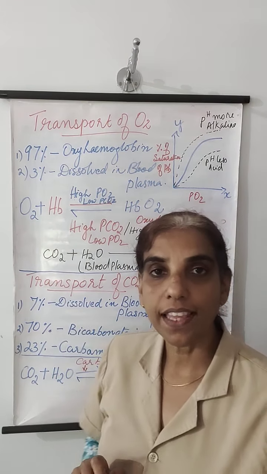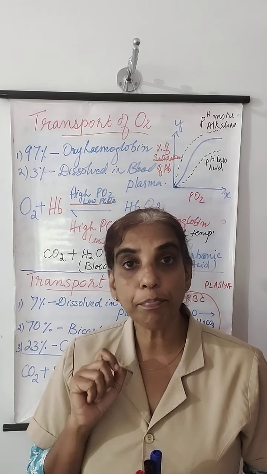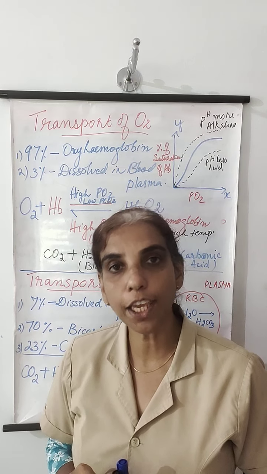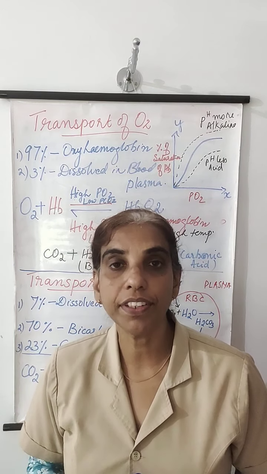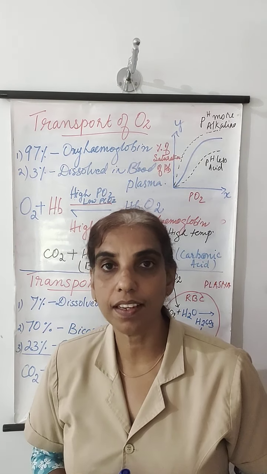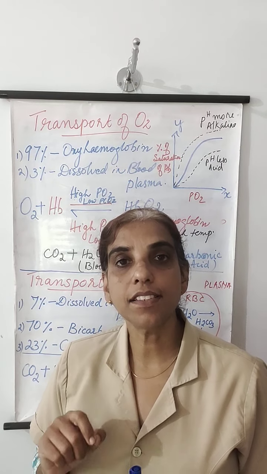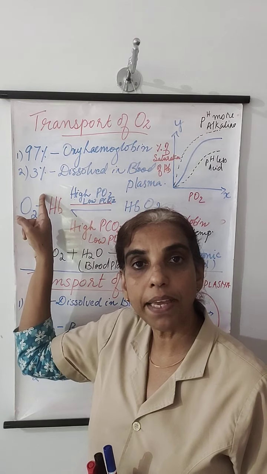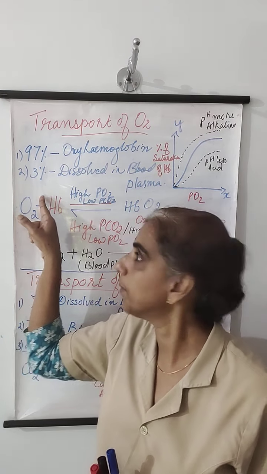We all know that in our blood, RBC holds a major respiratory pigment we call hemoglobin. Hemoglobin has a high affinity with the gas oxygen. Now, when we say the transport of oxygen, there are two major methods by which oxygen gets transported through blood.